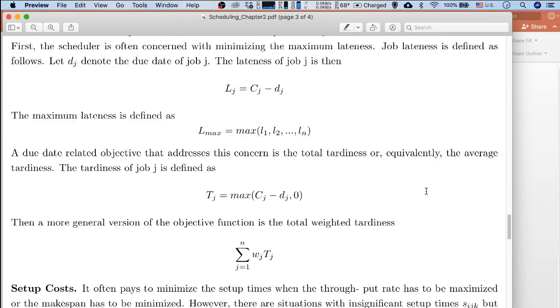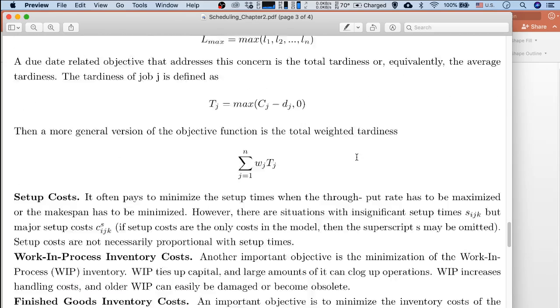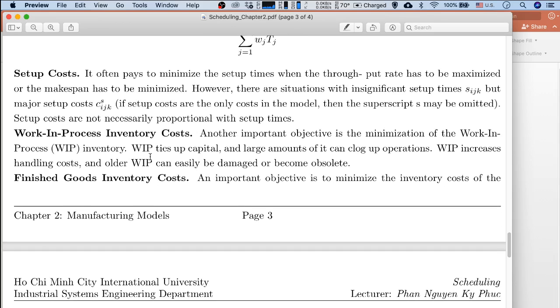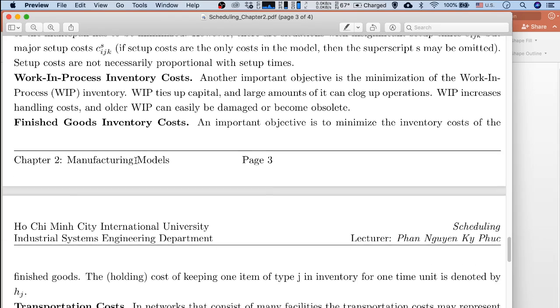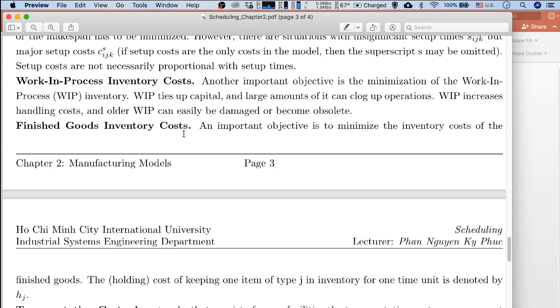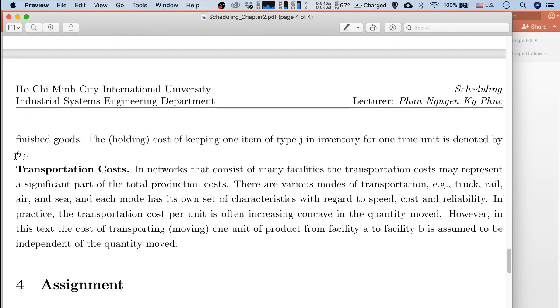So setup cost is usually not related to this kind of problem. And we also have the WIP, work in process, inventory cost. So how many work in process items we have, right? And sometimes work in process can be easily damaged or become obsolete, so we don't want to produce too much WIP. And we also have the finished goods inventory cost, and the transportation cost, right?